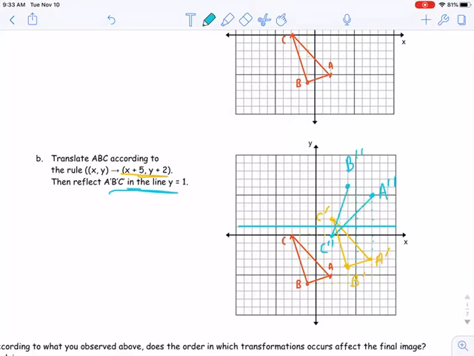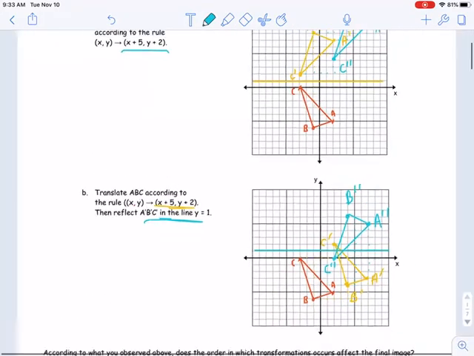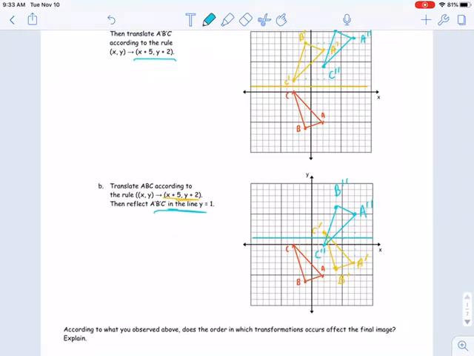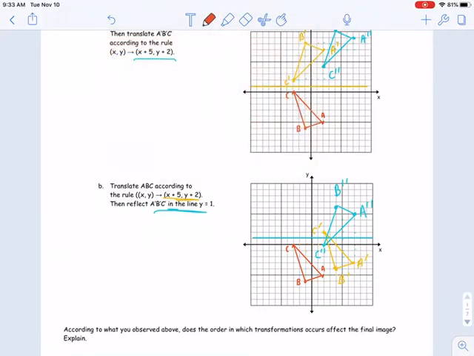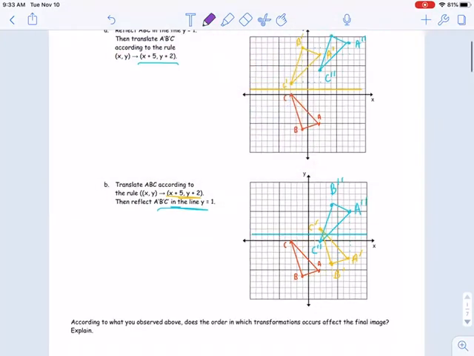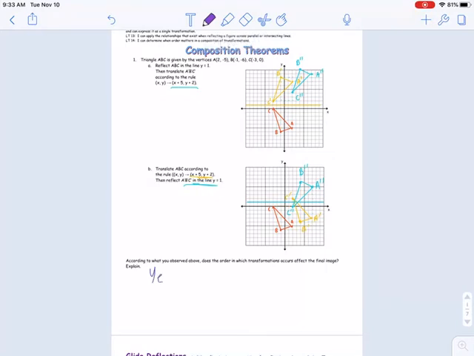Okay, cool. Now, according to what you observed above, does the order in which the transformations occur affect the final image? The answer is yes. The order we do things matters.